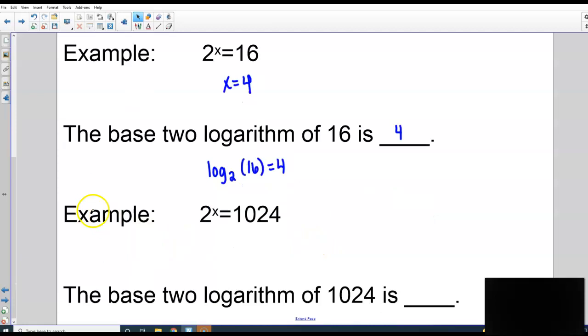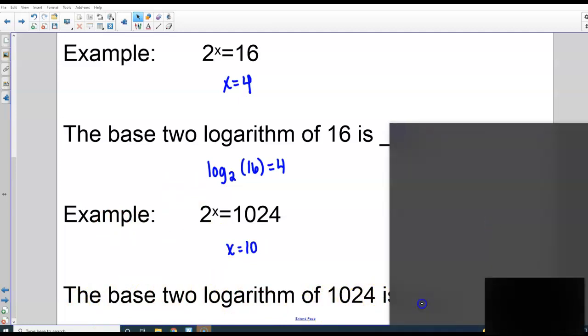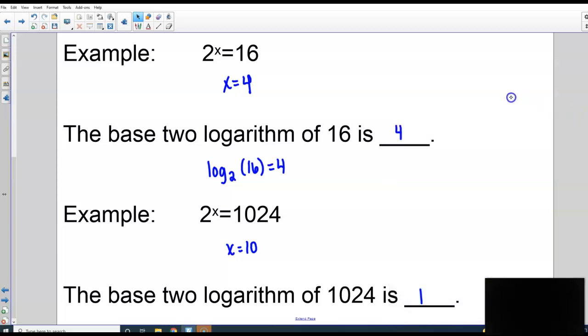Alright, so if I have something like 2 to the x power equals 1024. Right, so 2 to the x power equals 1024. Anybody know what that one is off the top of your head? 10? Okay. Alright, so the base 2 logarithm of 1024 would be 10.